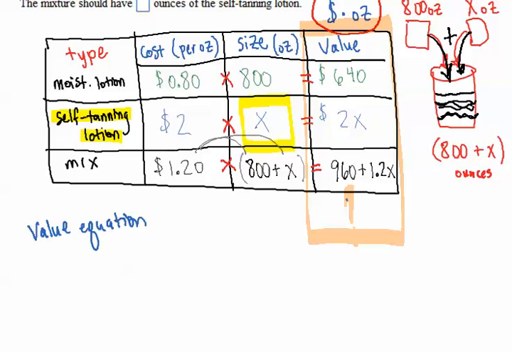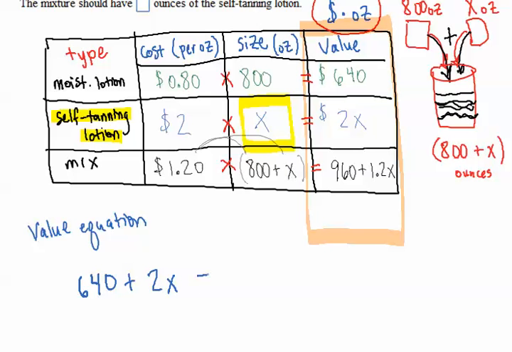There's an equation there, basically saying you got the value of the one bottle plus the value of the other bottle should equal the cost or the value of the third bottle. The mixture. So the value equation would be $640 for the first bottle, $2x for the second bottle.